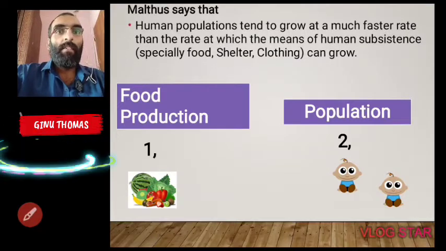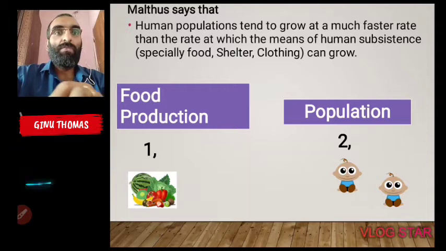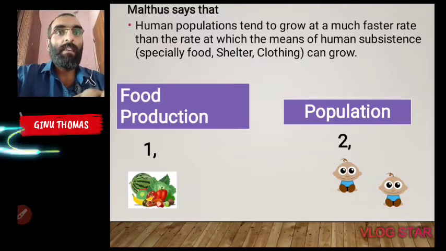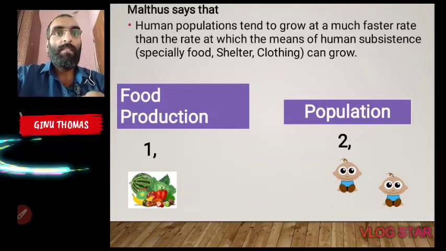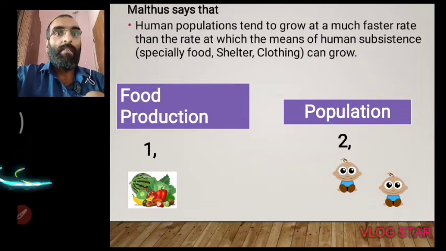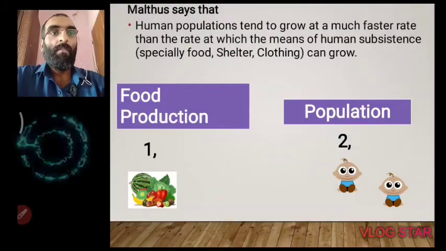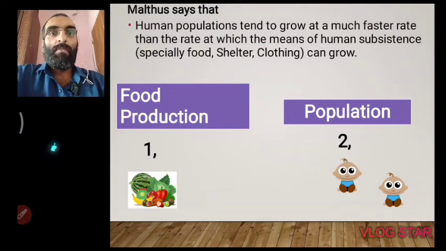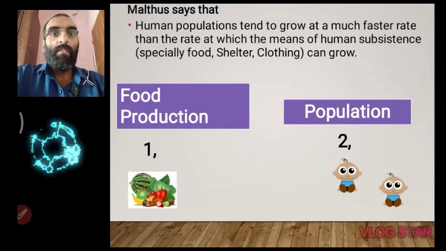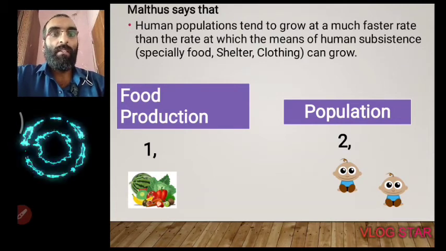You can see in this slide, Malthus says that the human population tends to grow at a much faster rate than the rate at which the means of human subsistence, especially food, shelter, clothing, can grow. Through this slide, you can see how food production and population are growing.